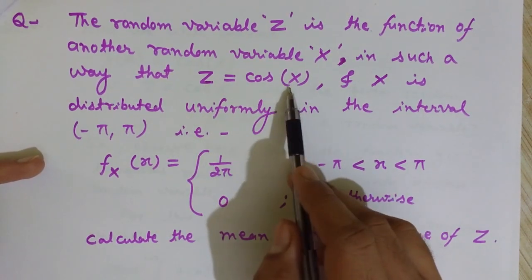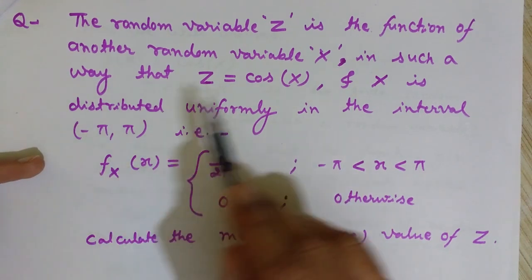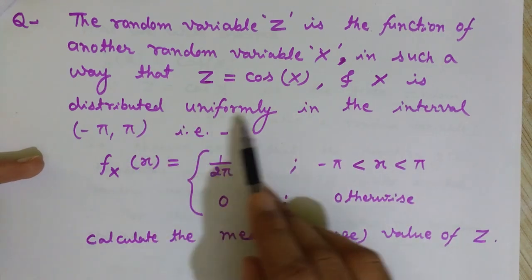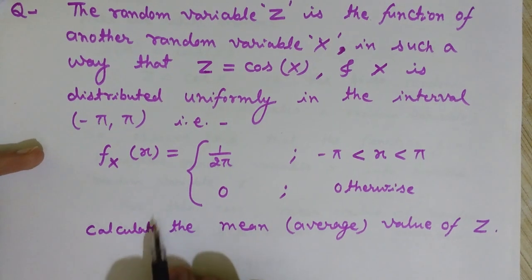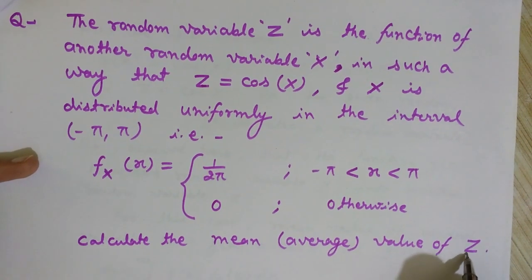So this random variable x has been transformed into another random variable z. This random variable x is distributed uniformly in the interval minus pi to pi, and I want to calculate the mean value of this new random variable z.